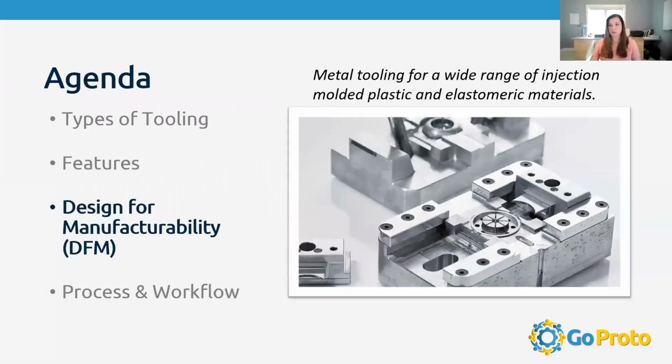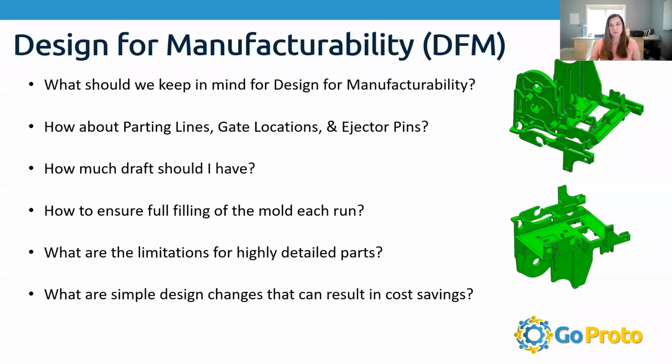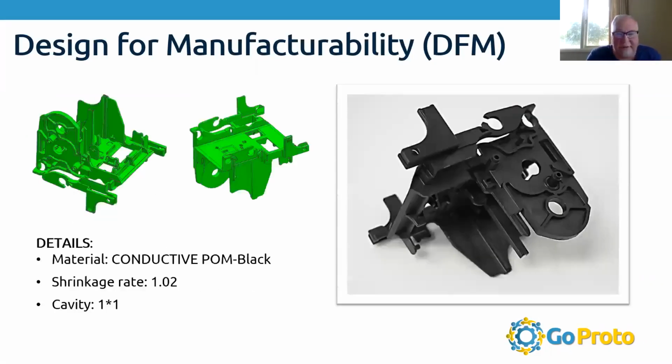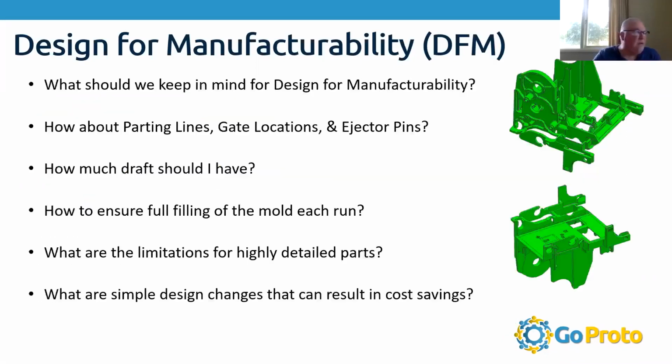Moving on to design for manufacturability. We got quite a few questions on this topic, and so we have quite a few slides to go through here. Matt, did you want to go ahead and get started? Yeah. Okay, for the DFM, here's some of the questions that we're going to address as we go through this process.